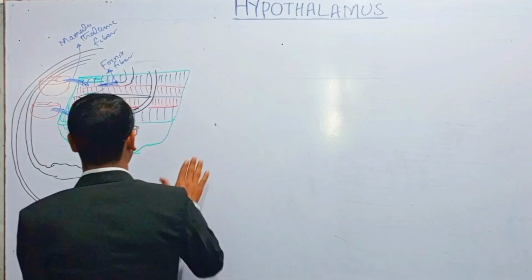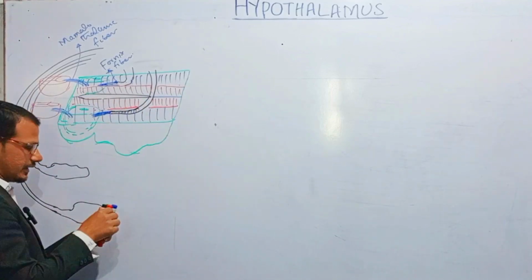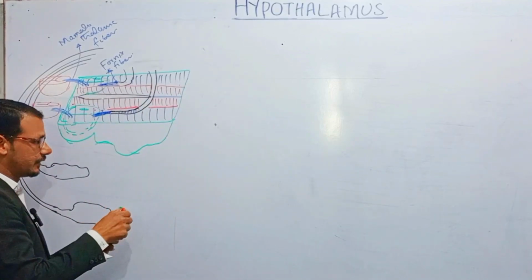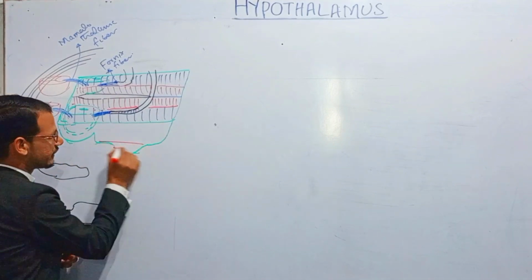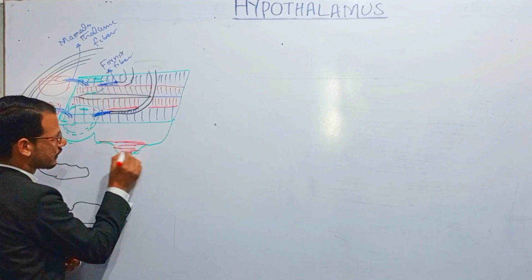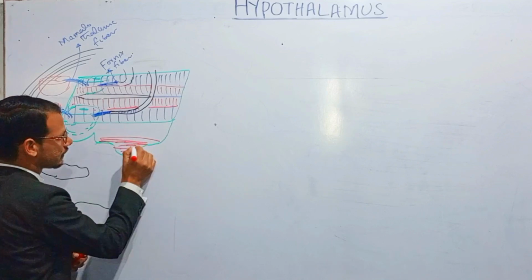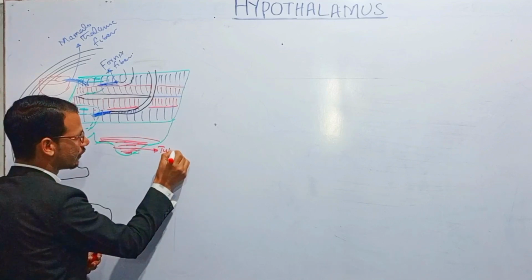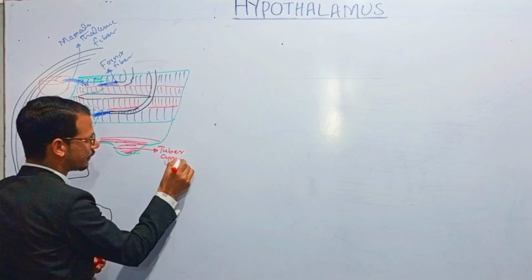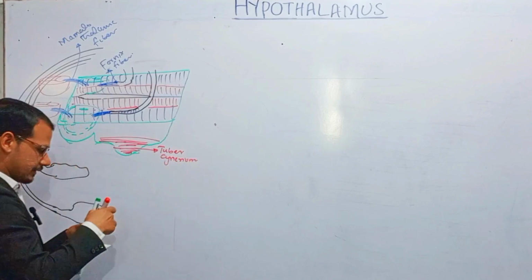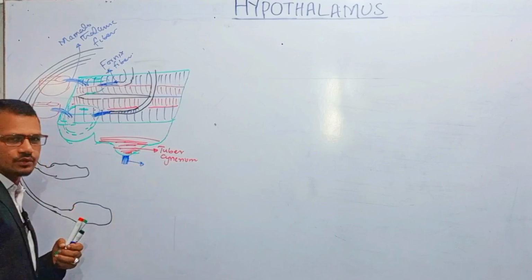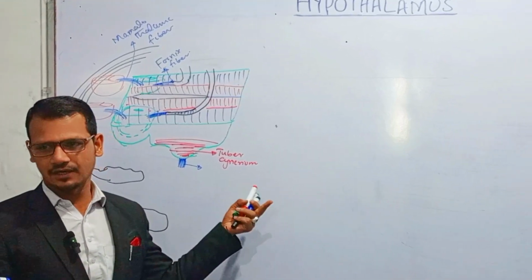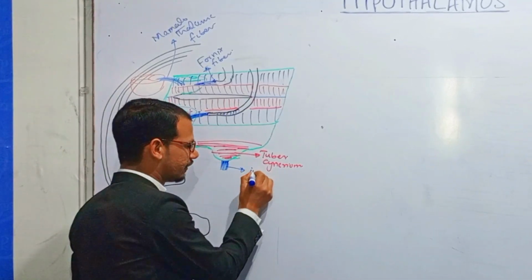For example, if we remove these areas, we will only see this area, called the tuber cinereum. This is the stalk of the pituitary gland, also known as the infundibulum.